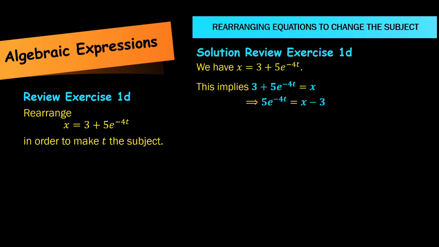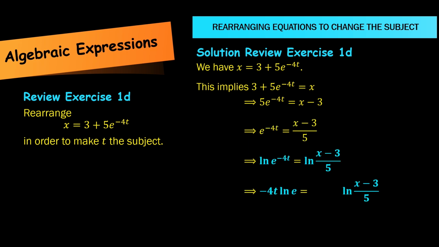And in the latter step, we've subtracted 3 from both sides in order to further isolate the t. Next, we divide through by 5, as shown, and then take the natural log of both sides, as shown.